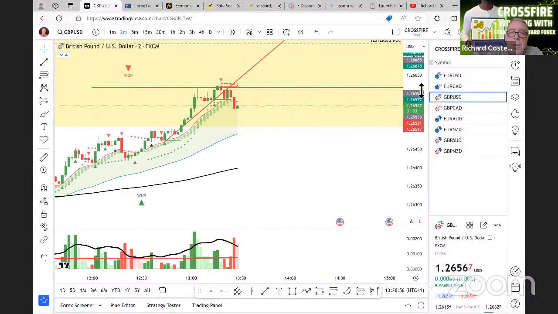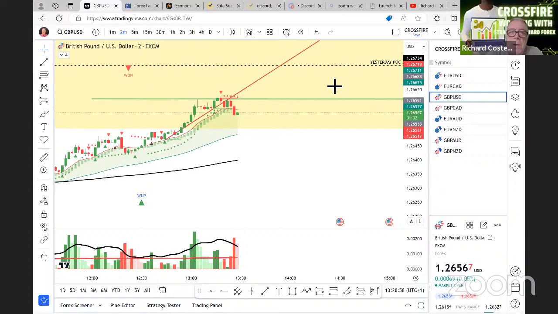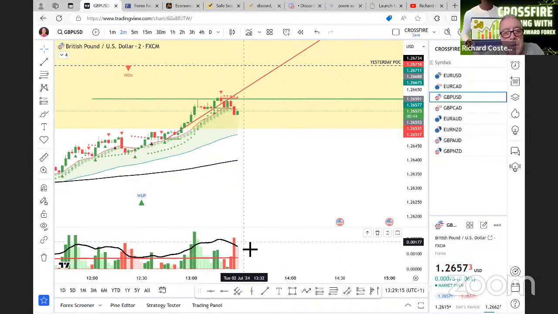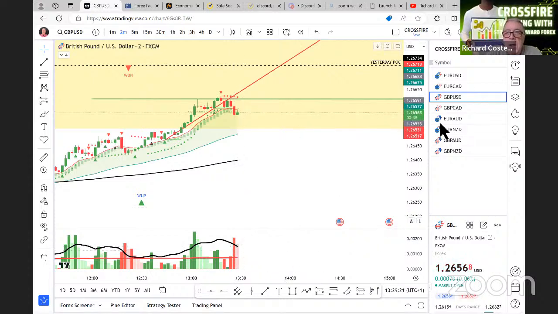What I do notice is that we've got an outstanding POC, yesterday's POC up there, so it could be a target if price goes up. Otherwise, if it comes back down, it might come back down to the 200. But the Waddah Attar is going to keep me out because the black line isn't pointing away from the red line, it's actually pointing towards the red line, and that's not a good time to get in.